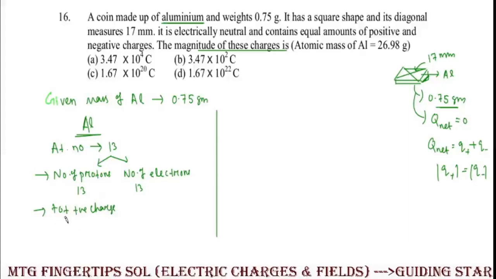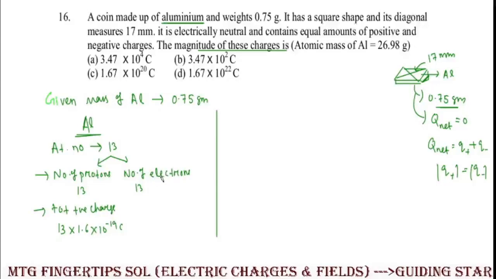Each proton possesses a charge of 1.6 into 10 to the minus 19 coulomb. Then the 13 protons present in a single atom of aluminum will have a charge of 13 into 1.6 into 10 to the power minus 19 coulomb.